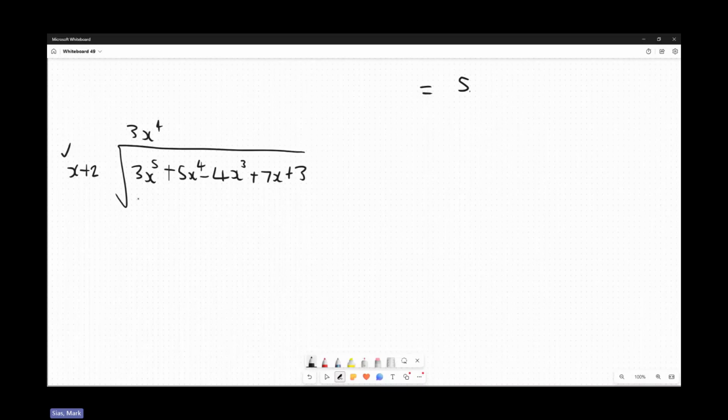Now I multiply those two terms in the divisor by 3x to the 4. I get 3x to the 5 plus 2x to the 4. Now I subtract. I've got 3x to the 4. Then I divide x into 3x to the 4. I get 3x squared.